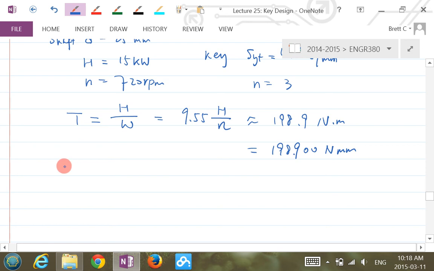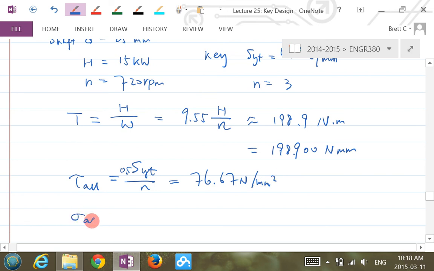Then we'll look at both cases, but actually you don't really need to. We'll look at what's the tau allowable. Tau allowable is 0.5 SYT over N, so this gives us this much.